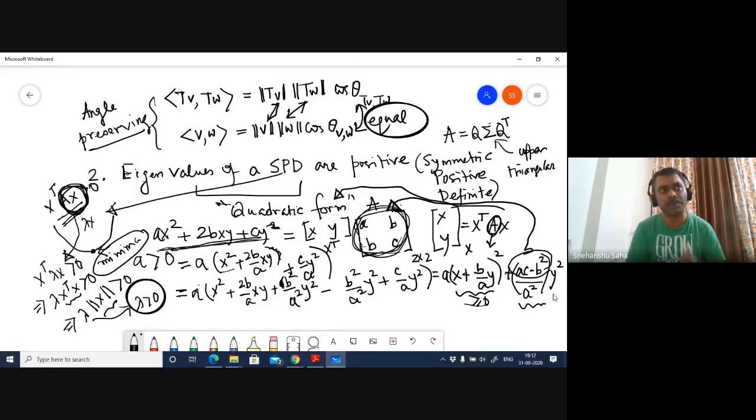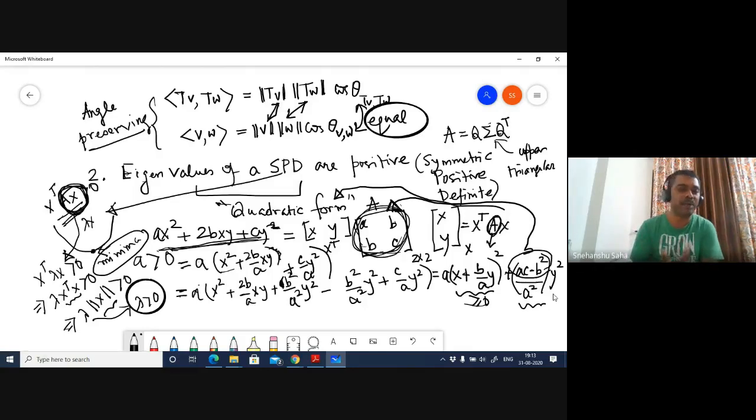Which is what is more likely in real world applications. There is this one property that we discussed, that orthogonal transformations or matrices are angle preserving as well as length preserving. We also discussed that the eigenvalues of a symmetric positive definite matrix, which you will see is one of the matrices on the right hand side when you use the singular value decomposition, are positive.